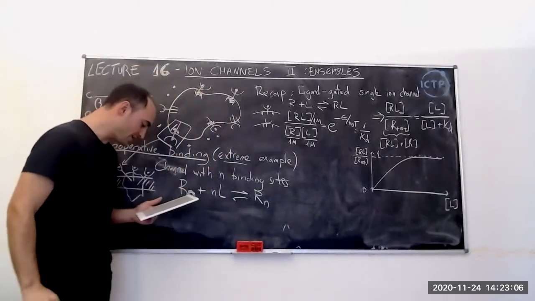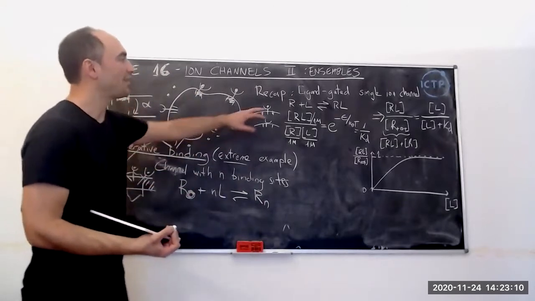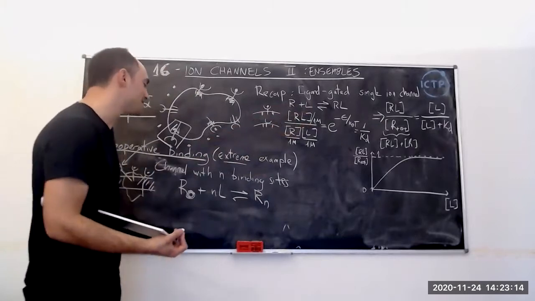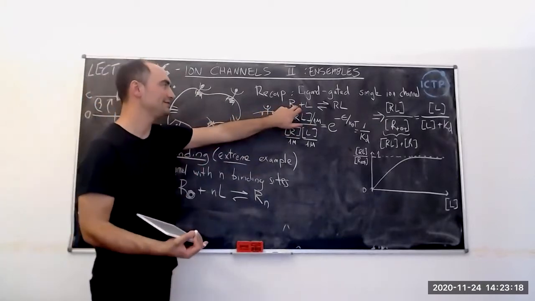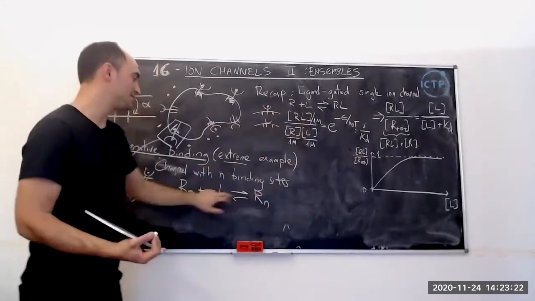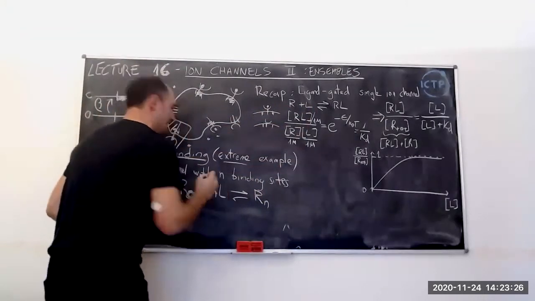All right. So now look at this and compare to this chemical reaction. So what is the main difference? The main difference you can realize is that this reaction implies one ligand molecule. This reaction implies n ligand molecules.